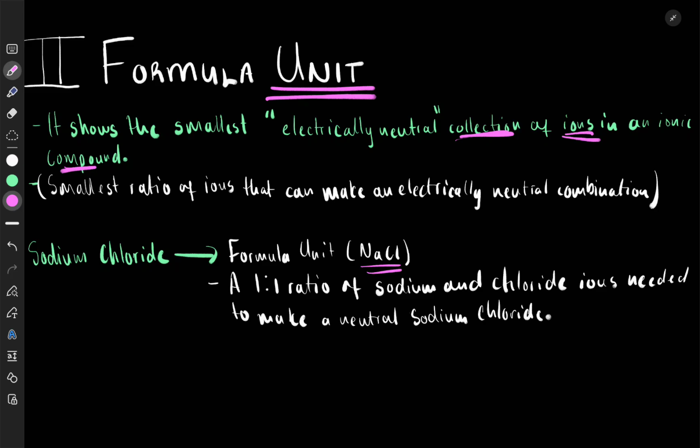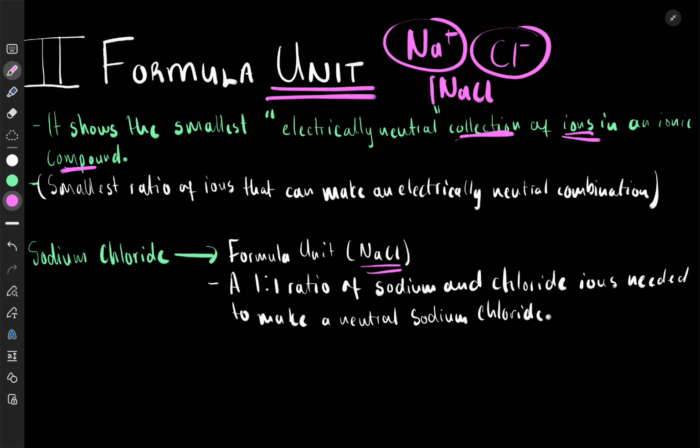Because what we want is to be electrically neutral. So if Na is just Na plus and Cl is just Cl minus, we can have a combination of one Na and one Cl. The charges will cancel and we will remain with NaCl, which is electrically stable.